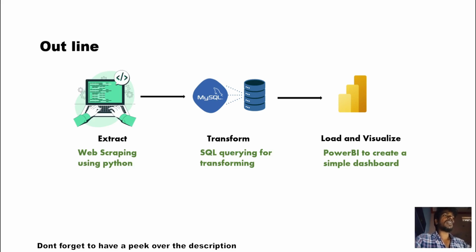It's fine, since we don't have much information from the IPL auction data, so we just used DDL. And we loaded that into Power BI and also visualized the dashboard.